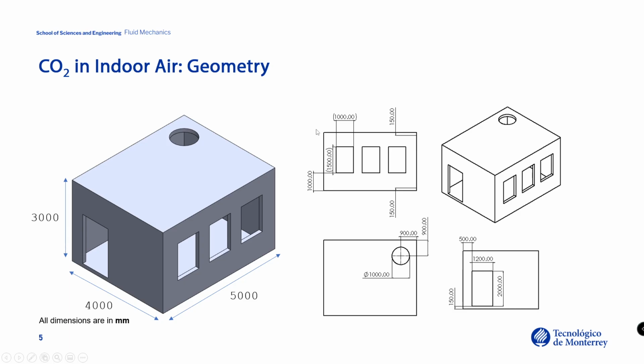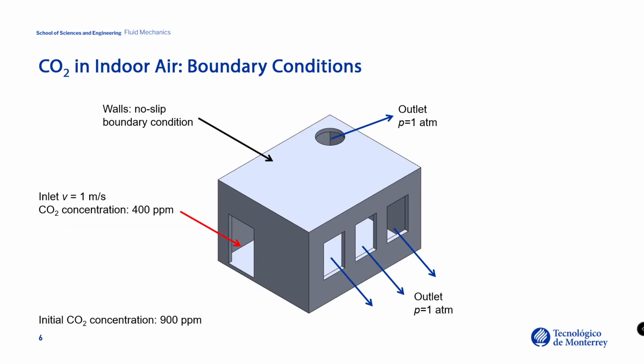Okay, the geometric features are given here in this slide, and the boundary conditions are these ones. We are going to specify that we have an inlet boundary condition in the door of the classroom, and we have an initial concentration within the classroom of 900 parts per million, and we are going to be replacing that air with fresh air with a concentration of 400 ppm.